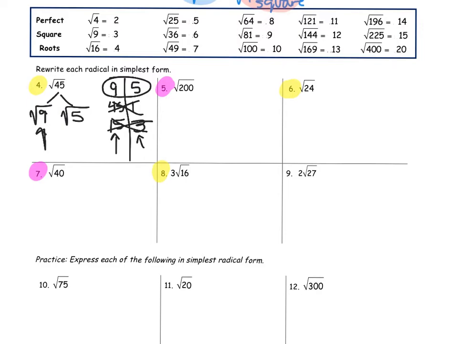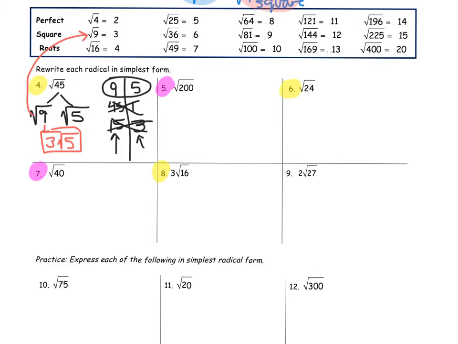Remember, keep the perfect square on the left, and the non-perfect square on the right. Now, looking at my chart, what's the square root of 9? It's 3, so this is just going to be 3 radical 5. That's my final answer. All right, so you can try 5 on your own.